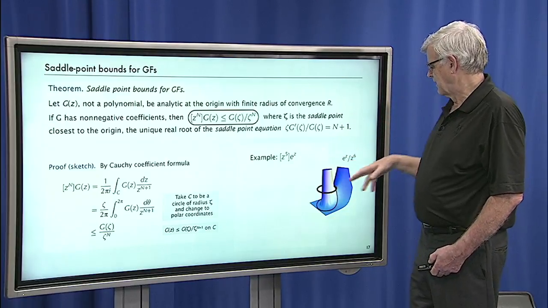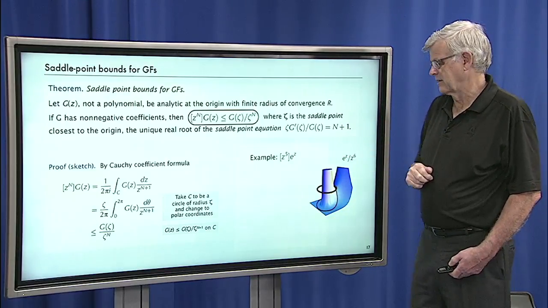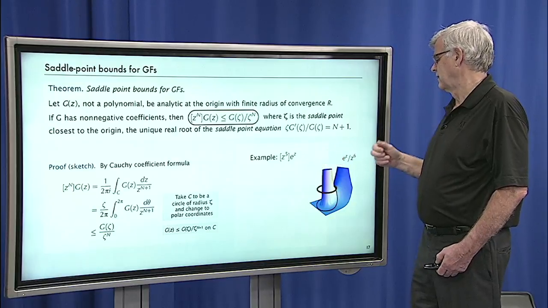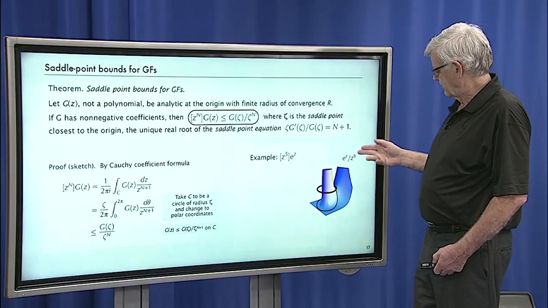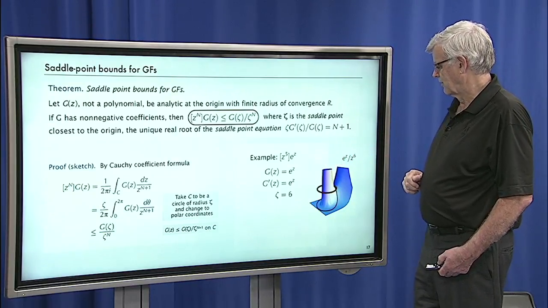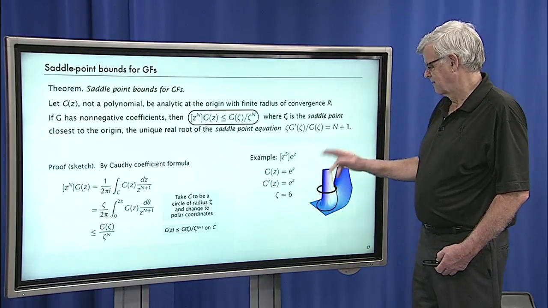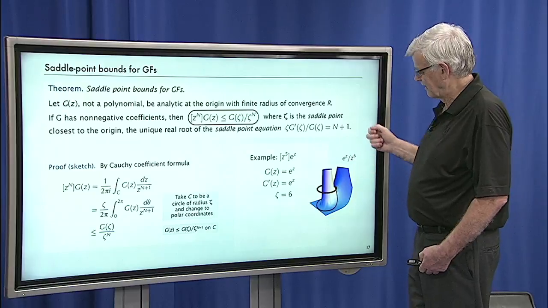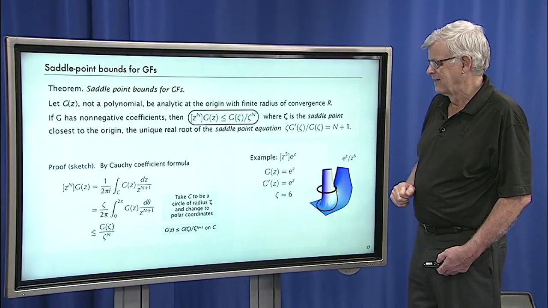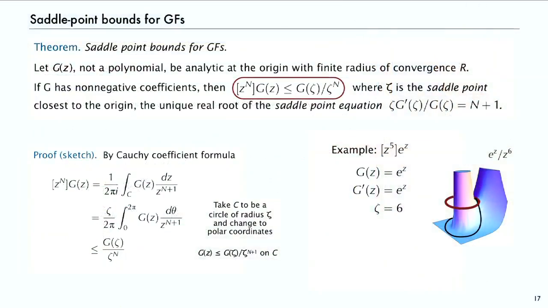For example, in our example, we're trying to find the coefficient of z to the fifth in e to the z. So we're looking at e to the z over z to the sixth. What's the saddle point? The saddle point equation is z g prime over g equals n plus 1, which comes out to be 1 times zeta, leaving just zeta equals 6.